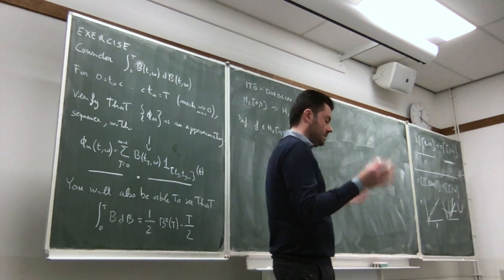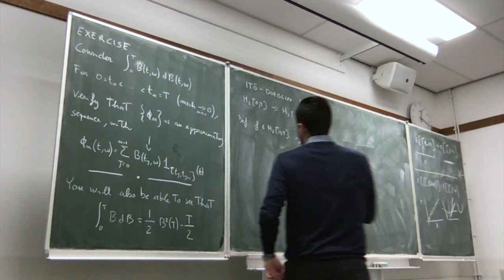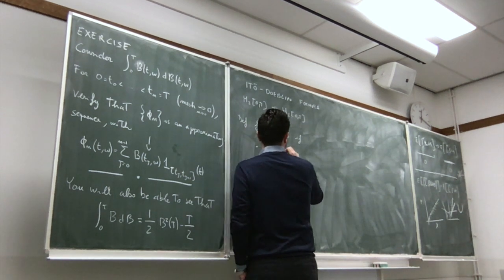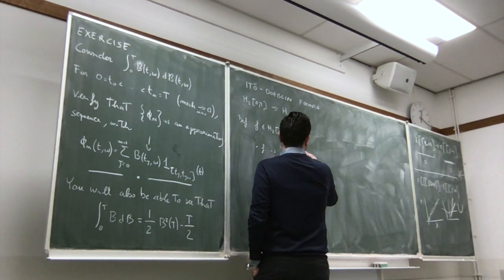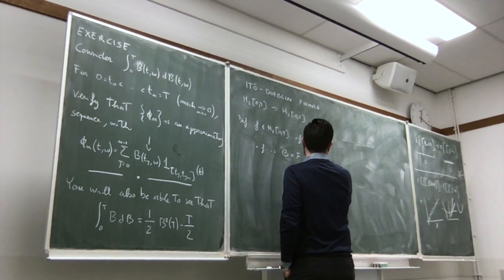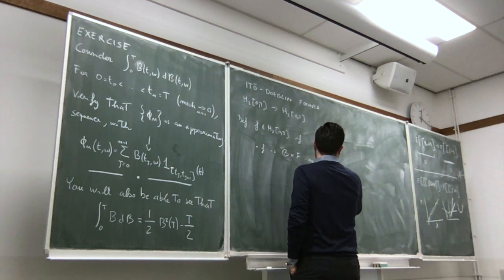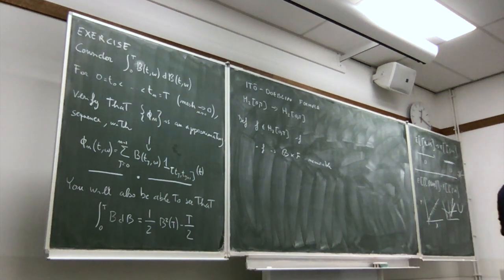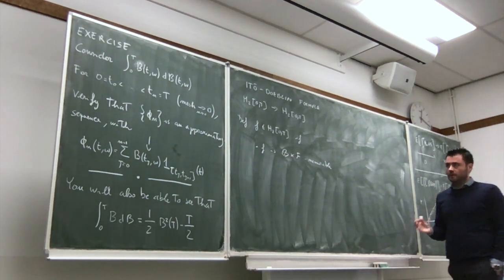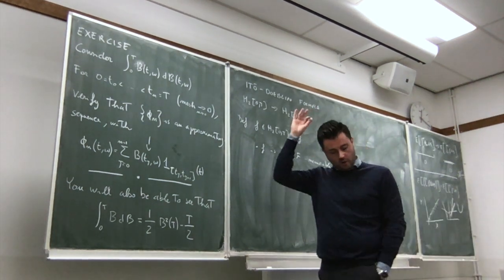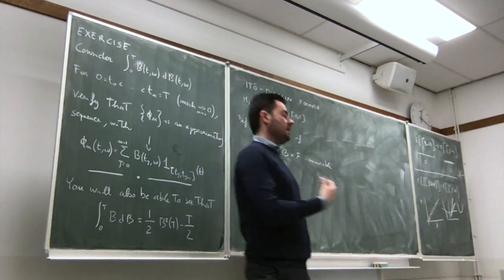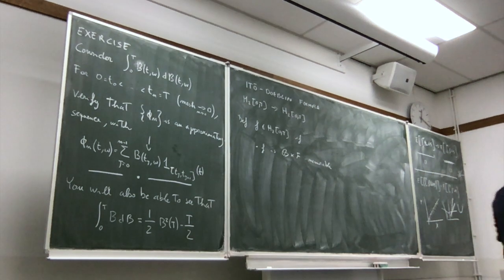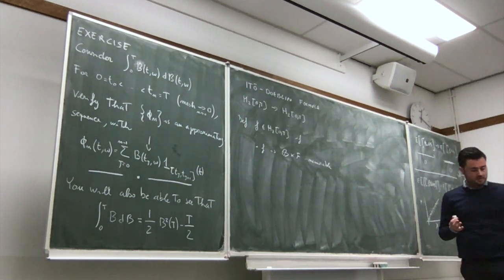our function is in the H2 class if f is B times F measurable. So it is exactly the same requirement as for the M2 class, where F is the sigma algebra of our probability space, and B is the Borel sigma algebra on the non-negative semiline.